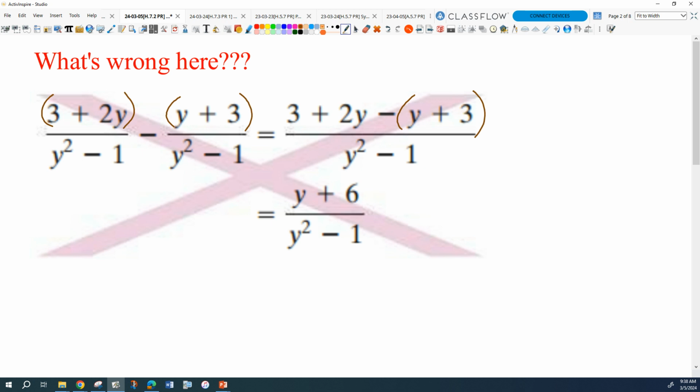The first ones are kind of optional. So I would have to distribute that negative to both parts. Very common mistake when you're subtracting fractions. Remember, you're subtracting the entire quantity that's in the numerator, so always make sure you put that in parentheses.